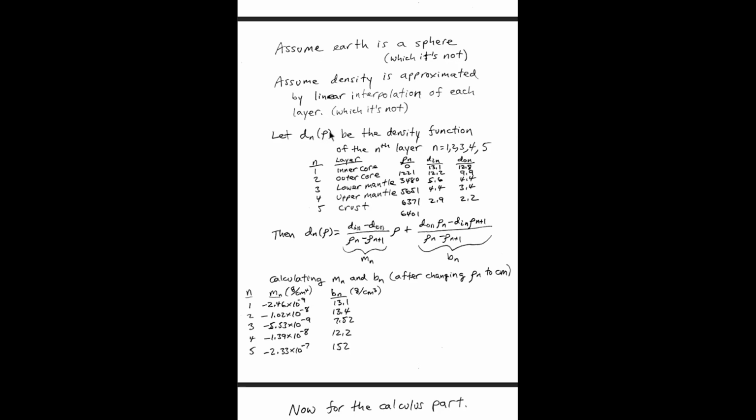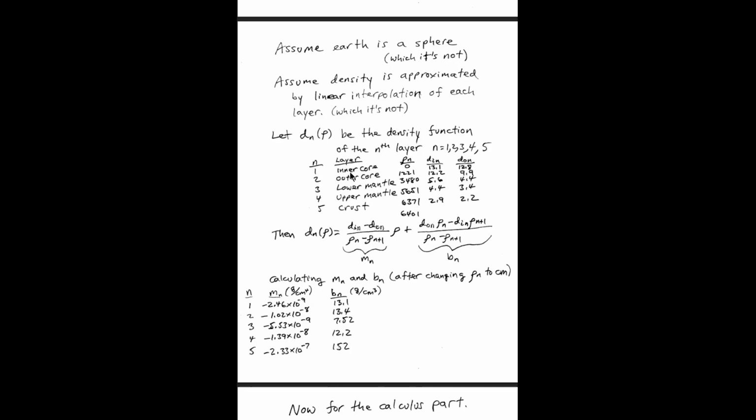I'm going to call that rho. So, in that regard, let's let d sub n of rho be the density function of the nth layer, where n is 1, 2, 3, 4, 5. And I rewrote all that data on the other page right here. So n is 1, 2, 3, 4, 5.